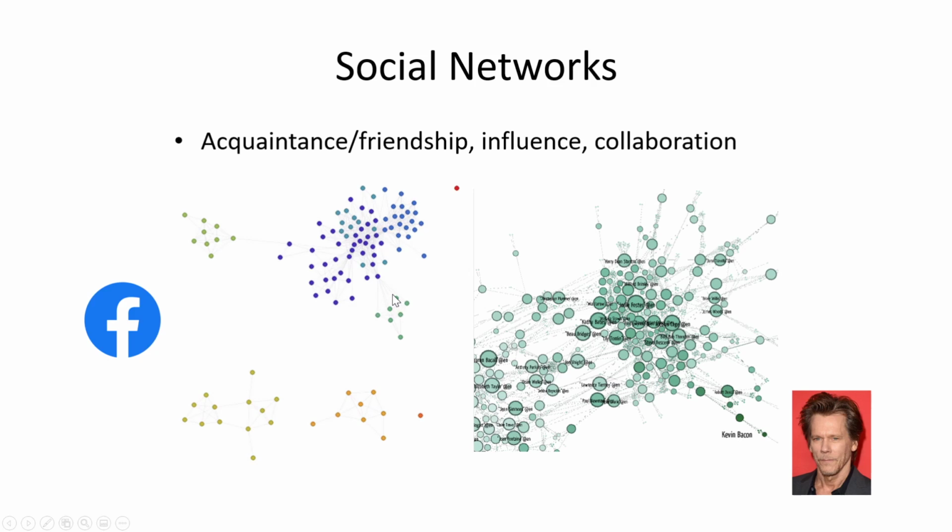Now this diagram here is actually a depiction of my Facebook friend group from circa 2013, and the reason it's so old is because you can't actually do what I did here anymore because there are more privacy protections built up.